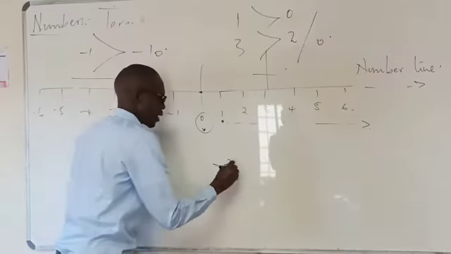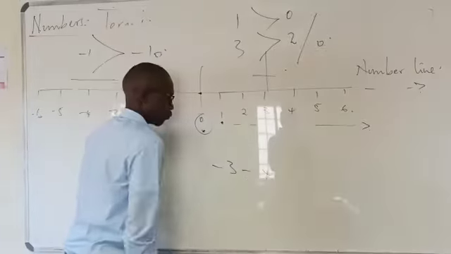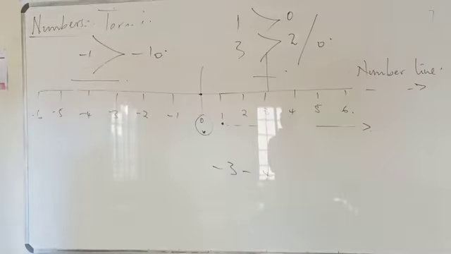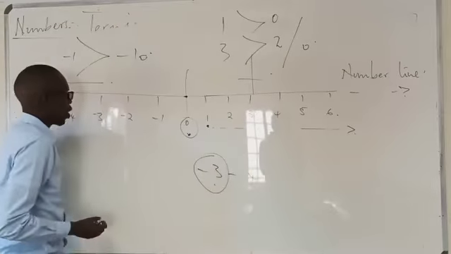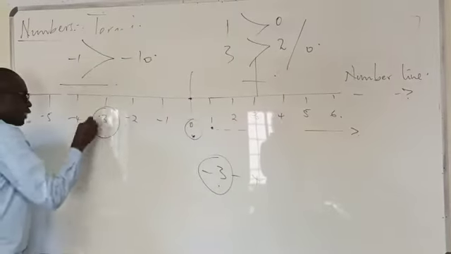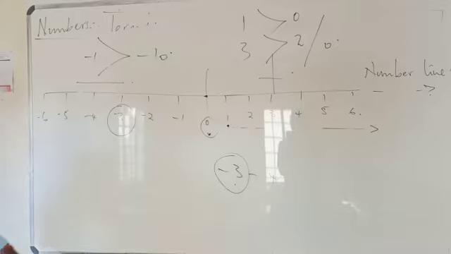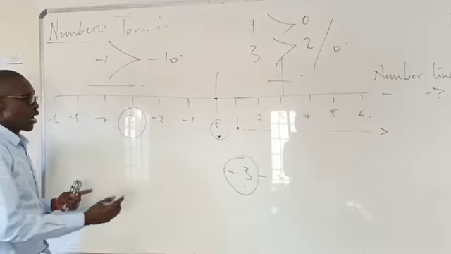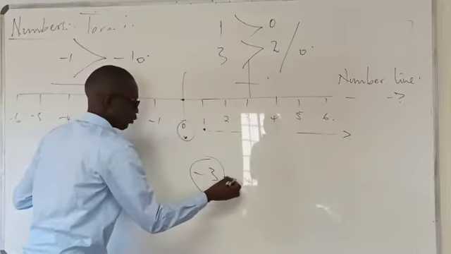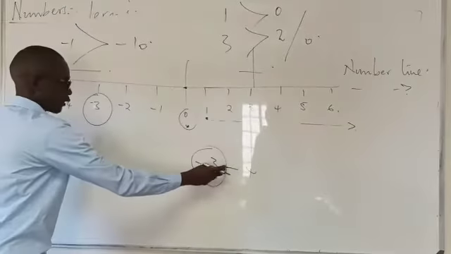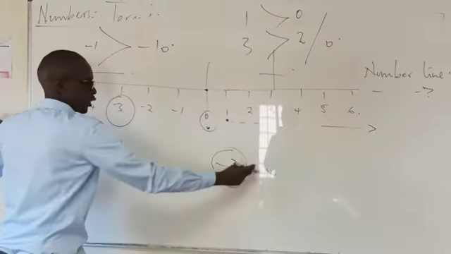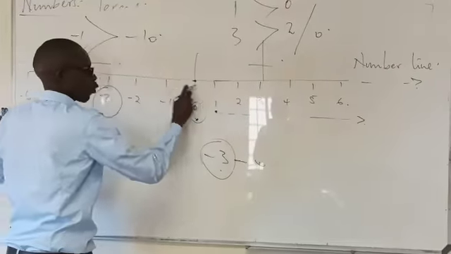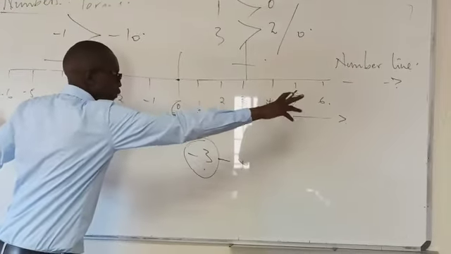Let's say I'm given minus 3, minus 4. The first one, I go to my number line on my minus 3. Which direction should I go? I am looking at the sign which follows. The sign which follows is a minus. I go to this other side. But if it was a positive, I would go this other side so that I can find a positive.